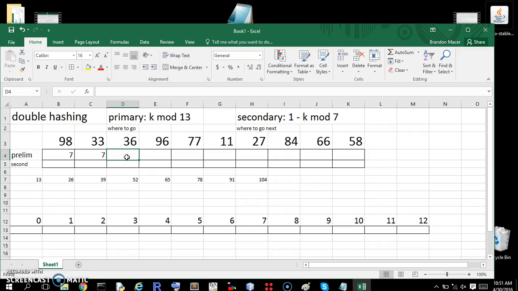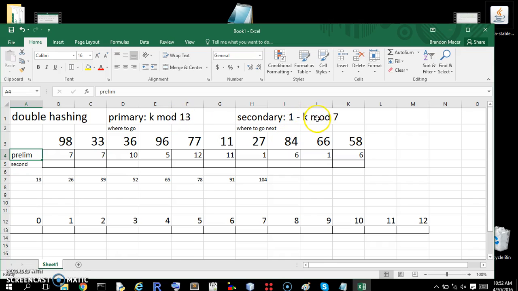So 36 minus 26 is 10. 96, we have 91. 96 minus 91 is 5. 77, what do we have? 65. 77 minus 65 is 12. 11 is less than 13, so it'd be minus 0, so it'd just be 11. 27 is 26. 27 minus 26 is 1. 84, the value less than but closest to, is 78, so 6. 66, the value closest to is 65. 66 minus 65 is 1. 58 is 52, so that's 6. So these are our values of k mod 13.